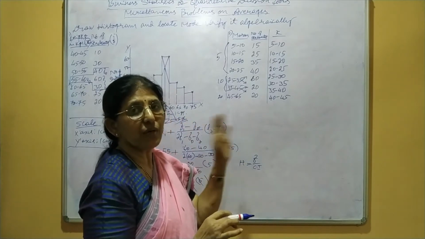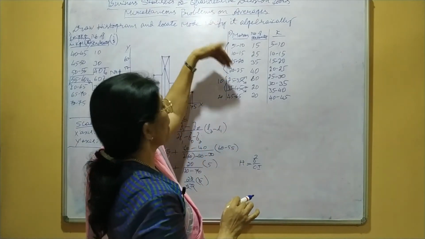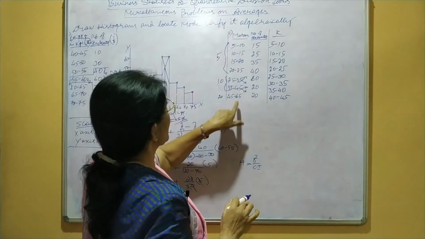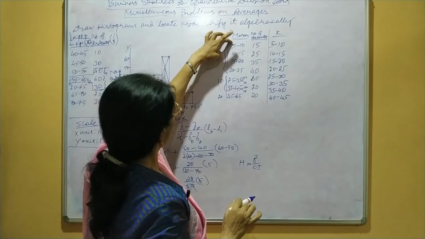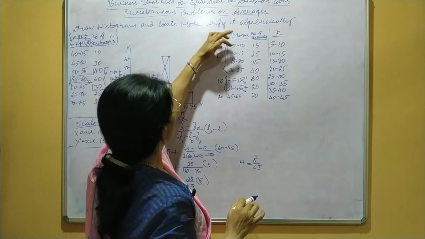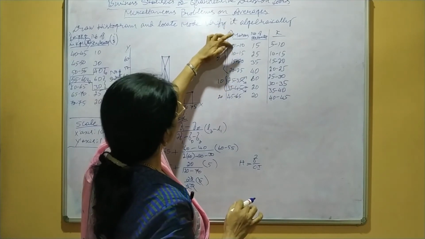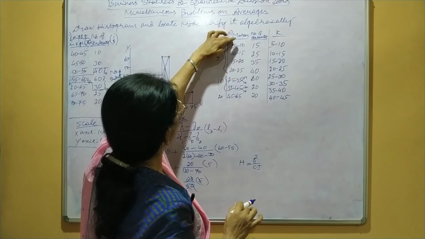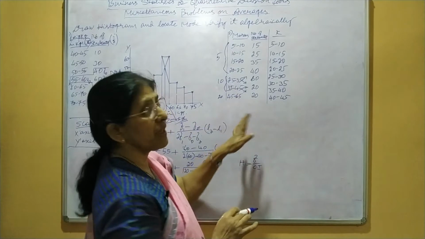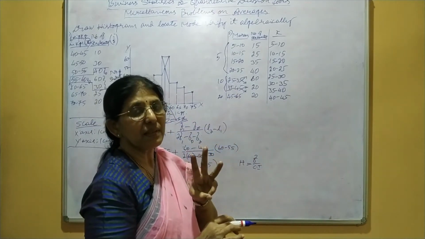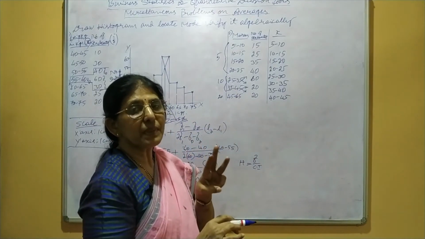Therefore, we cannot combine by taking class interval as 20. If you club 5 to 25, 25 to 45, 45 to 65, there are only 3 classes. That will not fulfill the principles of classification.